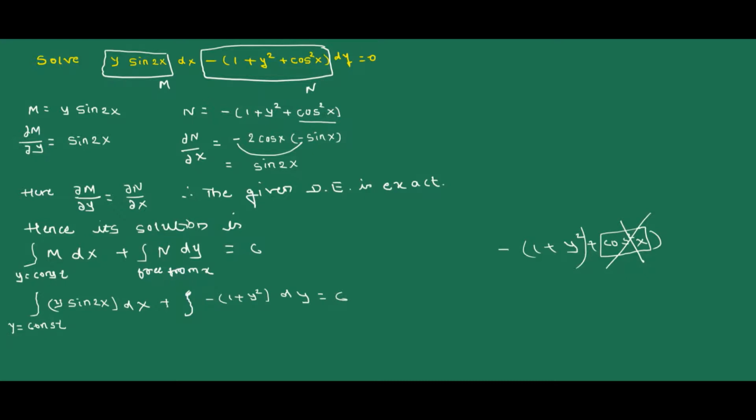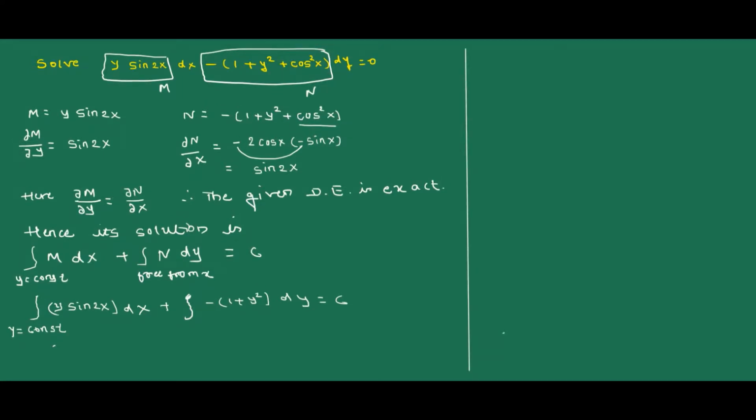Now we have to integrate y sine 2x where y is constant. Y is constant means I will write it as it is, that is y as it is. What is integration of sine 2x? Integration of sine 2x is minus cos 2x divided by 2.